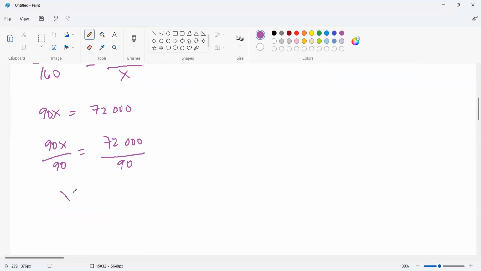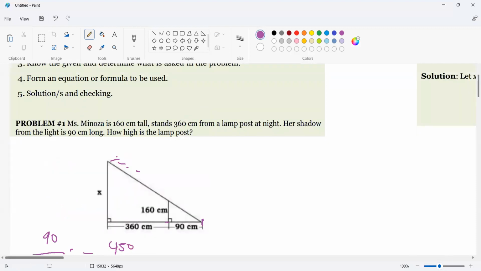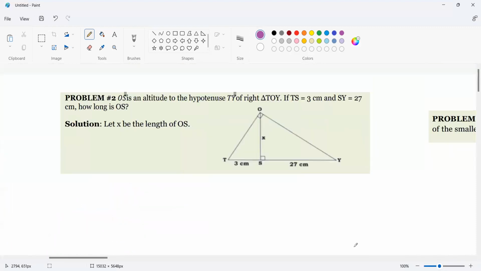X is equal to 800, diba? Centimeters. So the long post is 800 centimeters high. Any questions? Let's proceed to problem number 2.